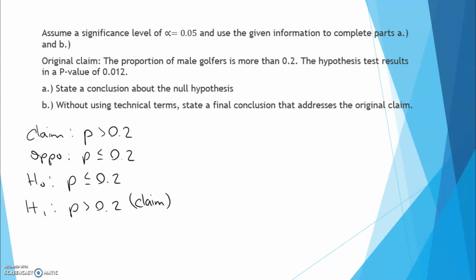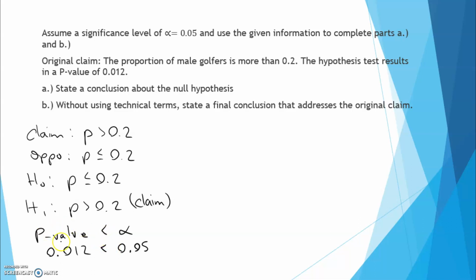They gave us a p-value, so we're going to use the p-value method. We're always going to compare the p-value to whatever alpha is. They gave us a p-value of 0.012 and an alpha of 0.05. In this case, alpha will be bigger.